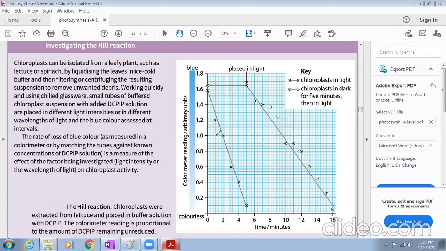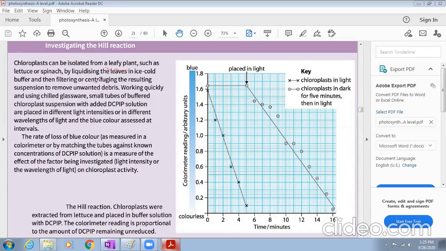First of all, we isolated chloroplasts from a leafy plant by liquidizing the leaves in ice cold buffer. We use ice cold buffer because high temperature can damage the chloroplast.